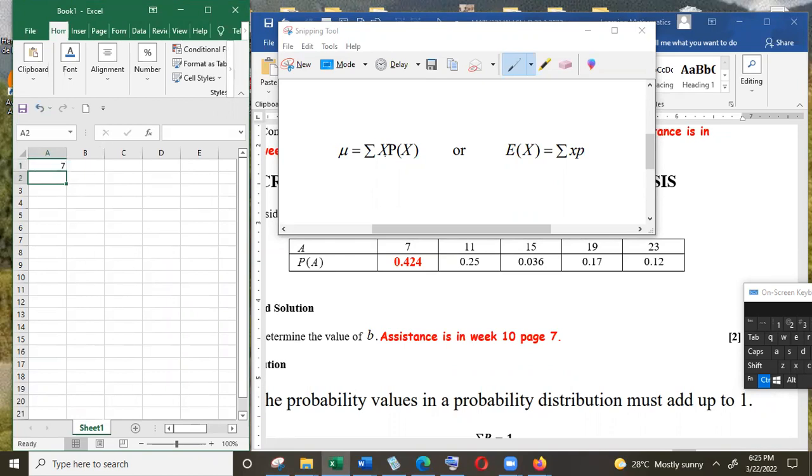So X is a general letter representing whatever you define it to be, and X here is A. So if you want, I can even put the capital A there. And its corresponding probabilities.